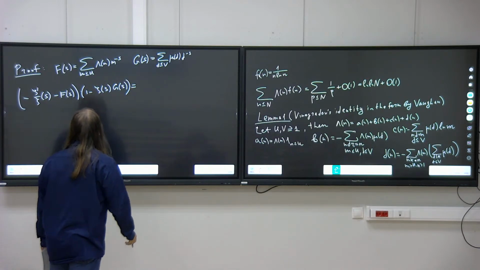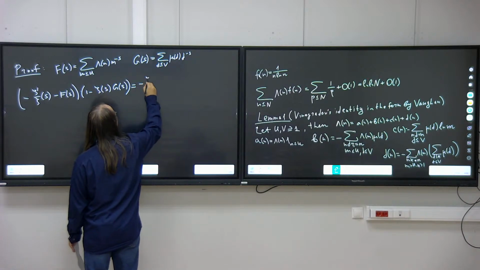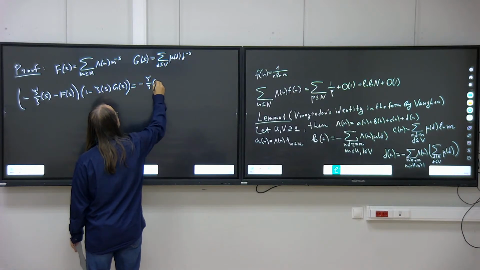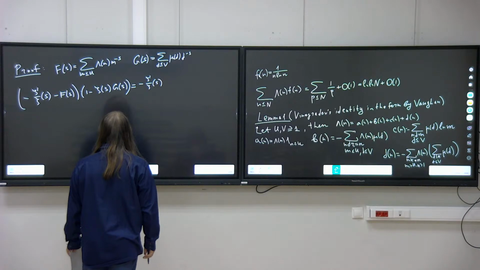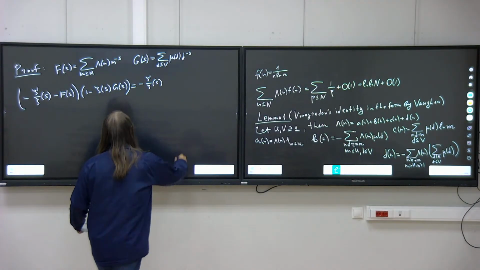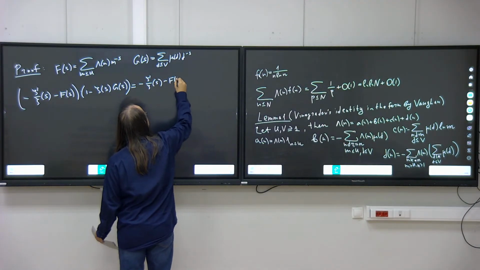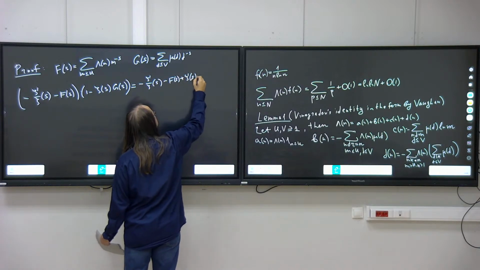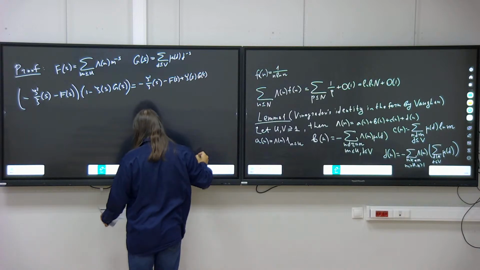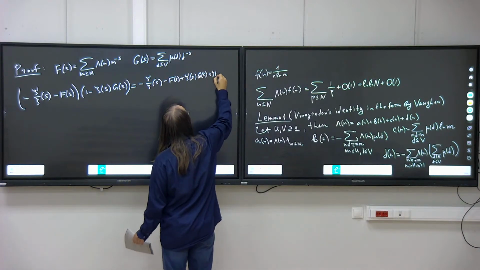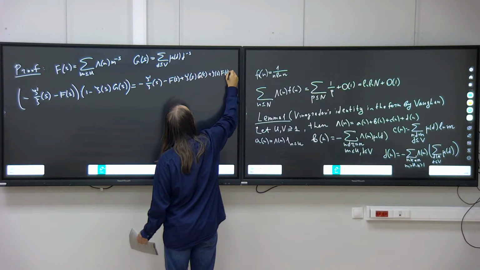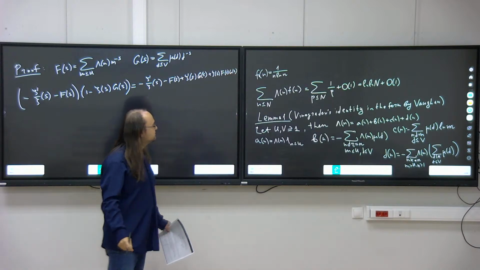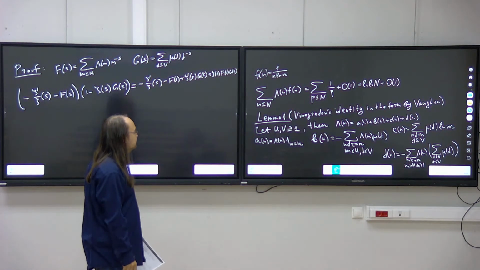What are you going to get? You're going to get minus zeta prime over zeta of s. Then you're going to get minus f of s. Then you get plus zeta prime of s g of s, and then you get zeta of s f of s g of s. Right?